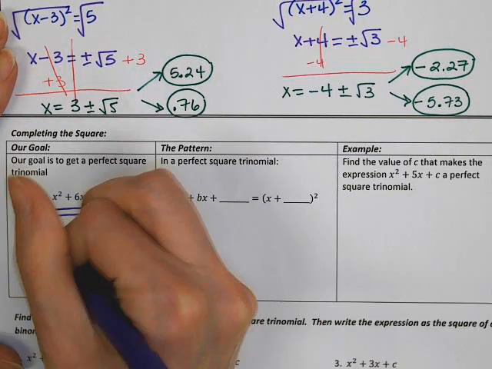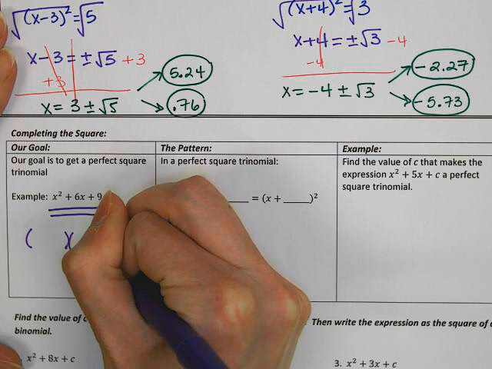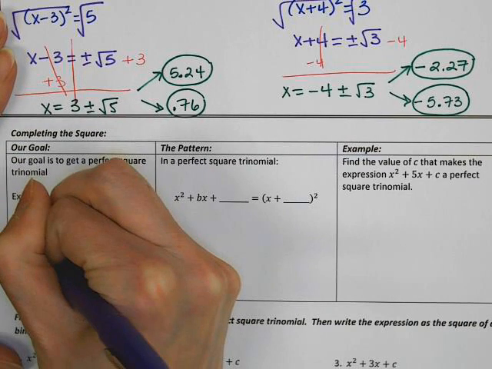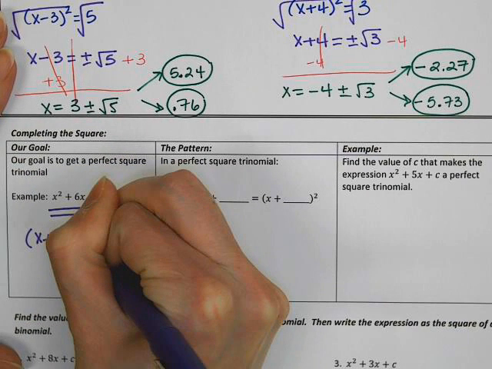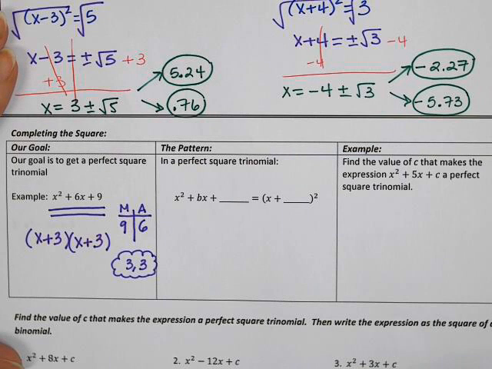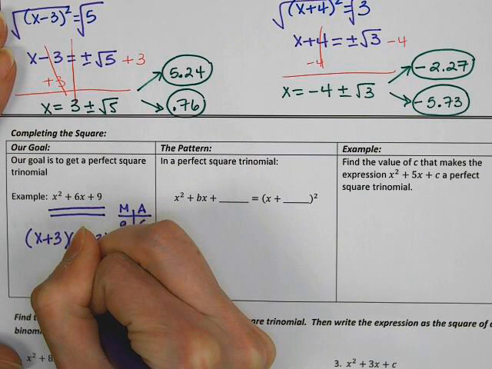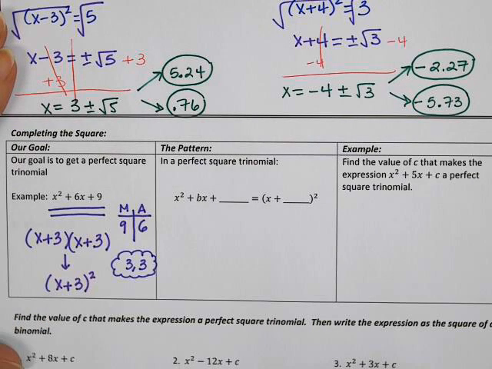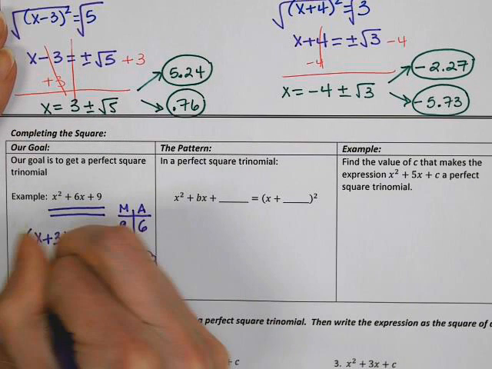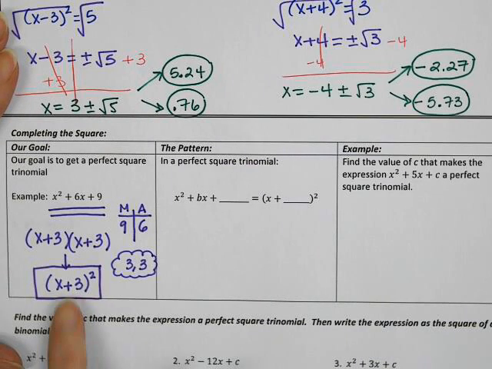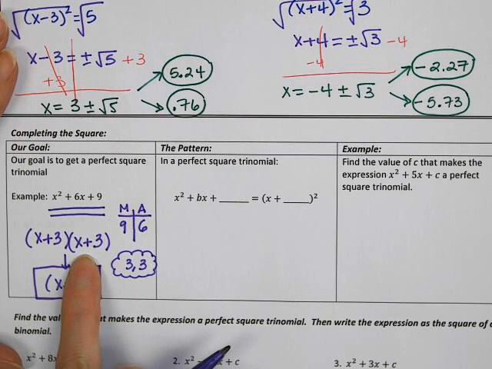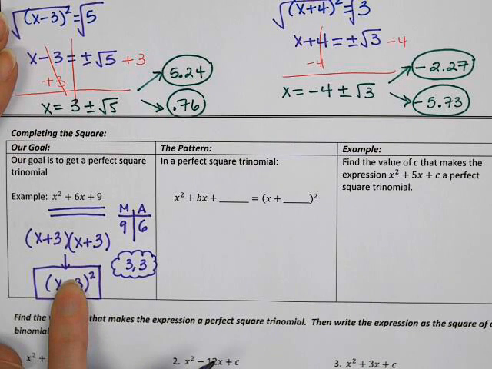So when you factor, remember our shortcut, if it's 3 and 3, it'll be x plus 3, x plus 3. Another way to write that is x plus 3 squared. That's why it's called a perfect square trinomial. You can write it as something squared because it's a factor times itself.